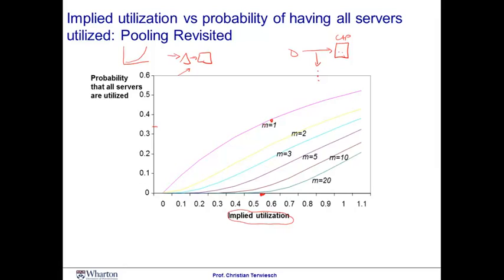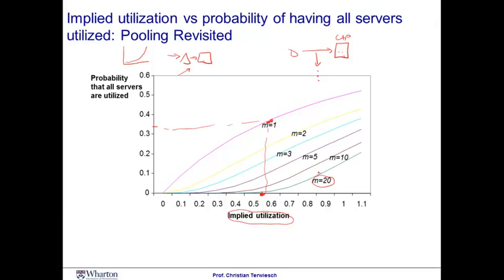At M equals 1, one individual fire truck, at a 50% utilization, my service is going to be a disaster. If, however, I'm able to pool demand and I'm moving up from M equals 1 to, say, M equals 20, I can afford to run a much higher level of utilization and still provide decent responsiveness. This is very similar to the example that we had in the case of pooling in the TQ formula.